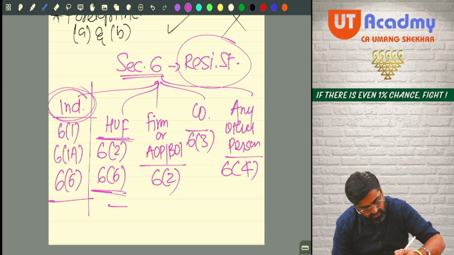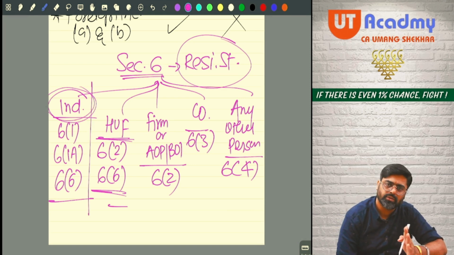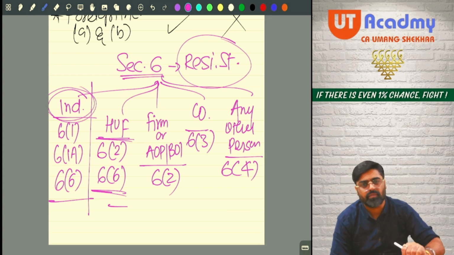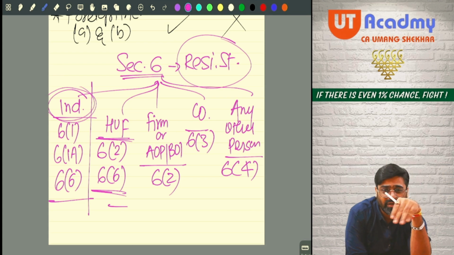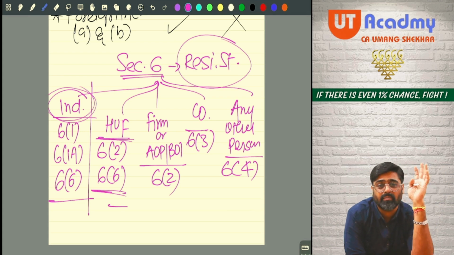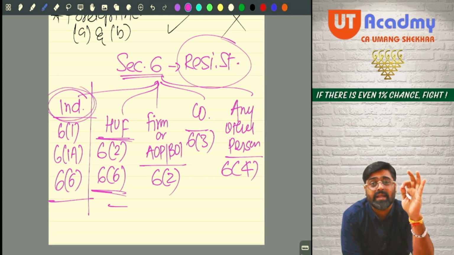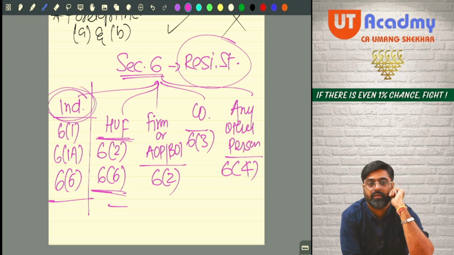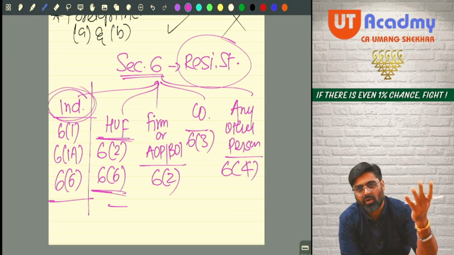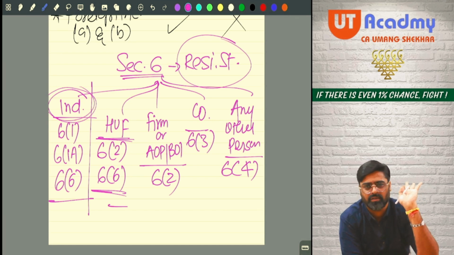Once you finish the residential status of individual, every other residential status all taken together will not take more than 10 minutes. Within 10 minutes, all the residential status you will learn. Very easy. But the most complicated part is what? Individuals. But that is not complicated, don't worry. People call it complicated. Very easy, very easy.